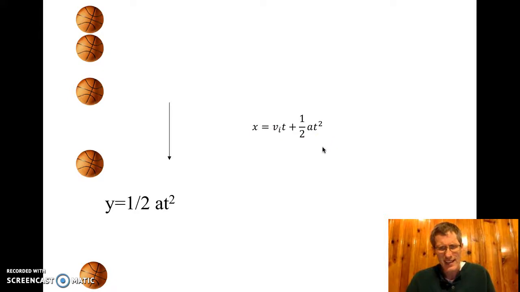Calling the vertical motion x is terrible, so let's call it y. This will remind us of an xy axis, where the x-axis is horizontal and the y-axis is vertical. So we'll call this position y to remind us that it's vertical. And then we have this equation right here for the vertical motion, just y equals 1/2 at squared, where a is the acceleration due to gravity.